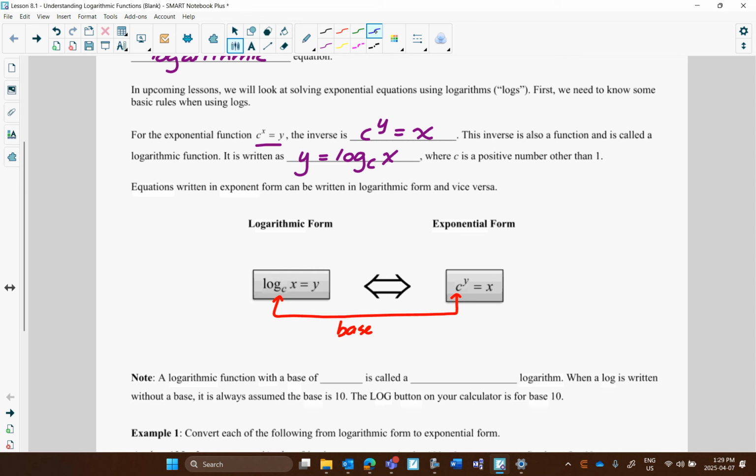The exponent becomes the answer to the log. And the answer to the exponent becomes what we're taking the log of.